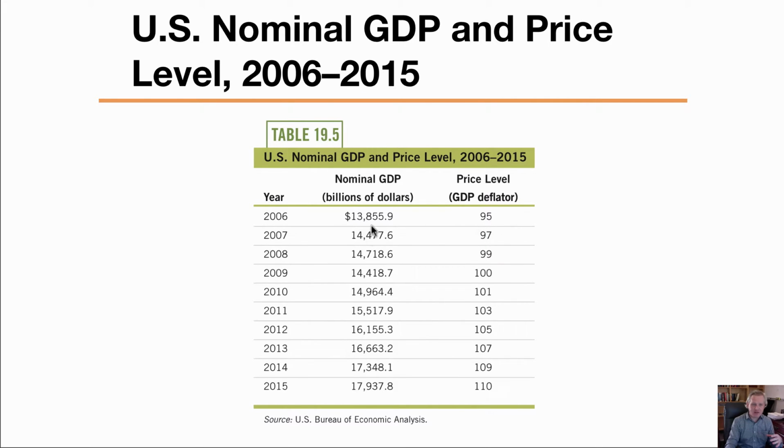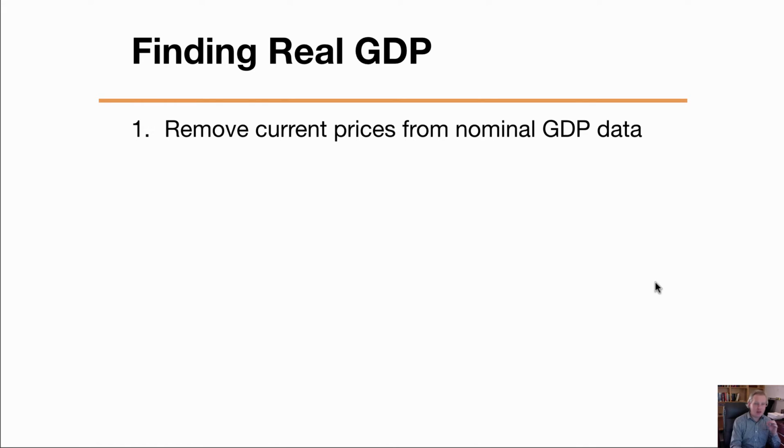So all of the difference between these two numbers is not real growth. Some of it was just the fact that inflation happened. And if we just state the nominal GDP growth rate, we would be overstating the level of growth if there is inflation. You can see here, this increasing price level indicates that there is inflation each year. We don't ever see it going negative, which would indicate deflation, which we haven't really seen in the U.S. for quite some time. So how do we go about doing that in detail?